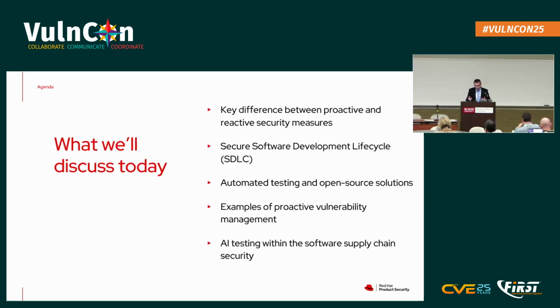When we know this, I will present how all proactive activities can be integrated as a part of the build pipeline based on the Red Hat example. And at the end, I will show two examples of proactive vulnerability management and how AI can help with some of this work.